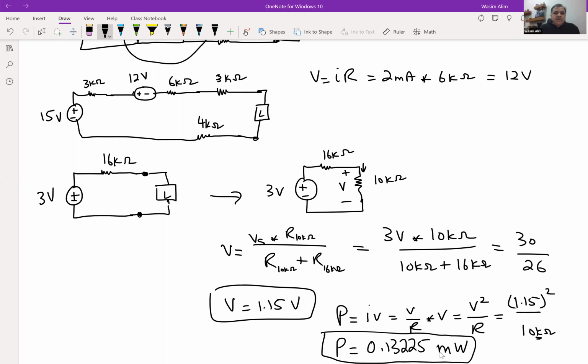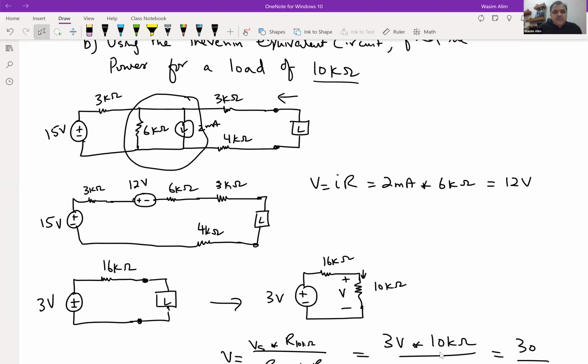Okay, so over here, what we did was take the encircled area, converted it into a series combination of voltage source in series with the resistor.